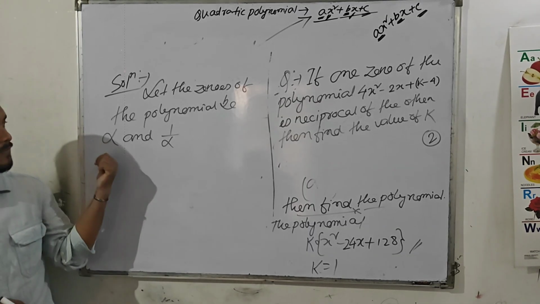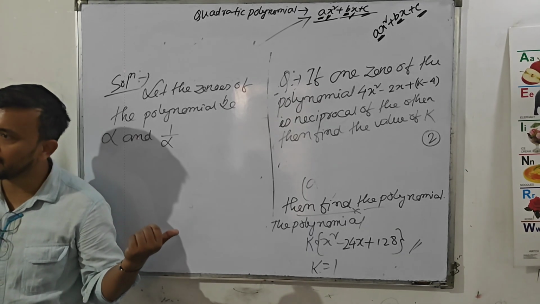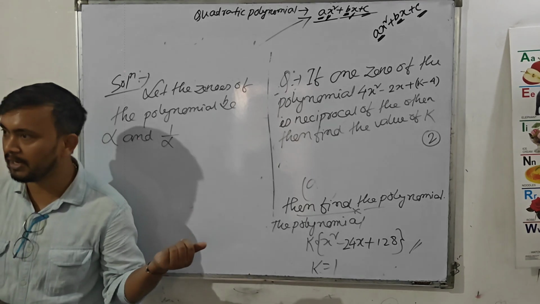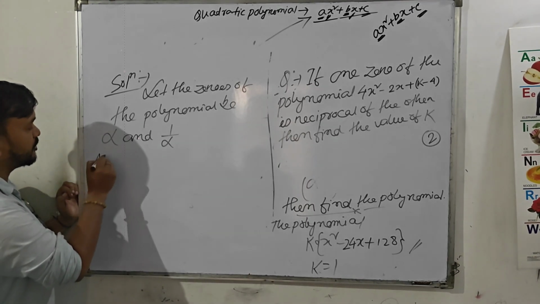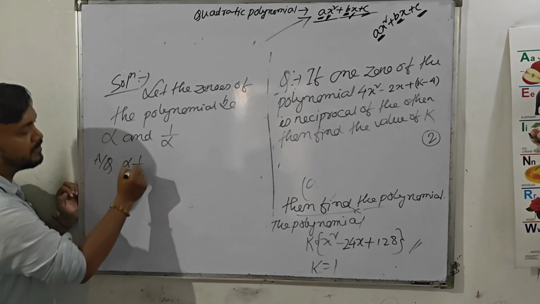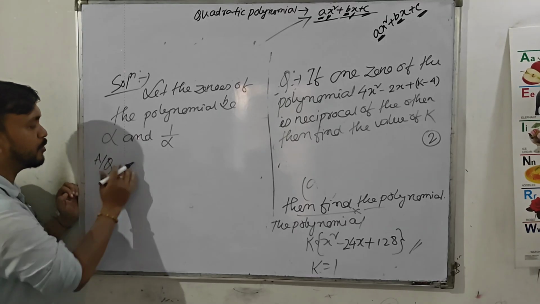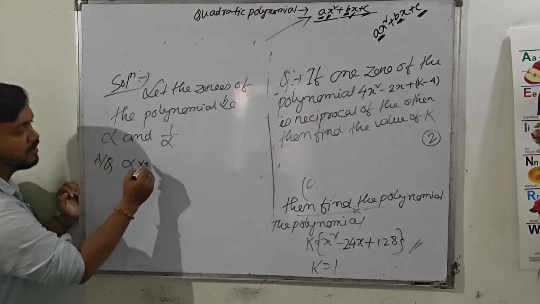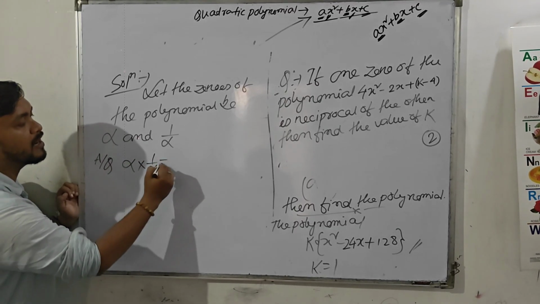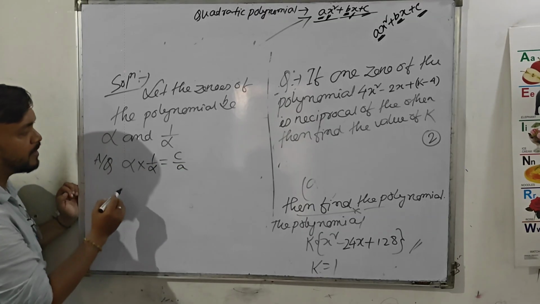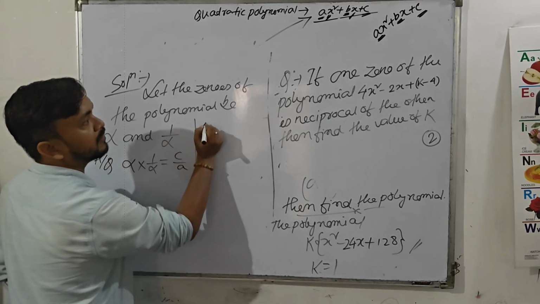If one is 7, the other one will be 1 by 7. Rajdeep, you know about reciprocal? So according to the question, the product of the roots, that means reciprocal, the first zero and the second zero, their product is how much? C by A. Okay, fine.